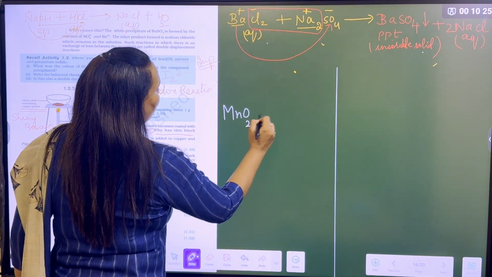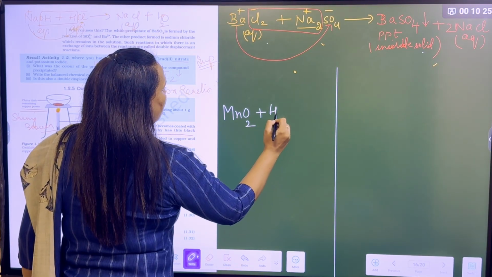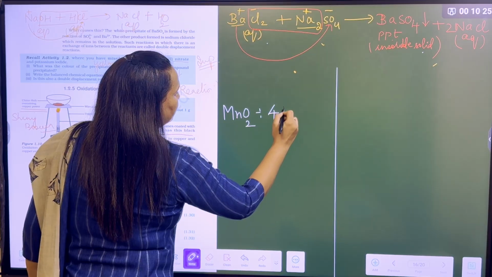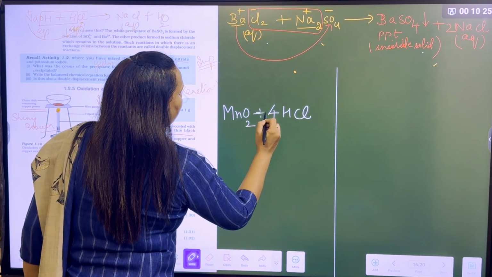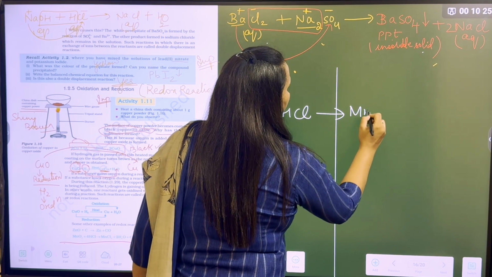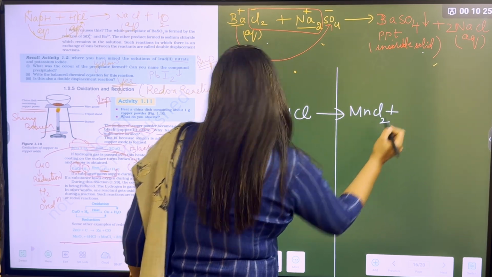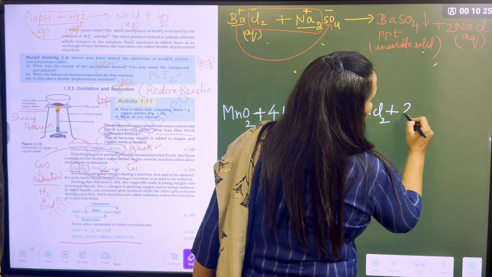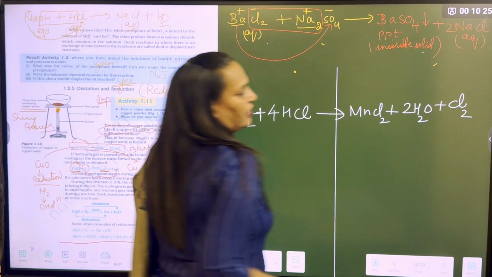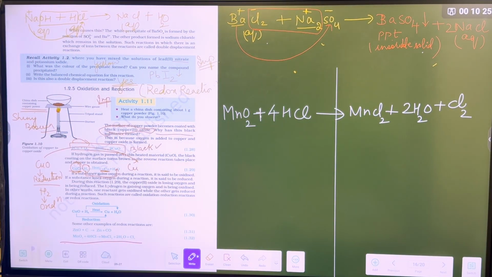MnO2 plus 4HCl gives you MnCl2 plus 2H2O plus chlorine. Right, guys? They have given me this reaction.